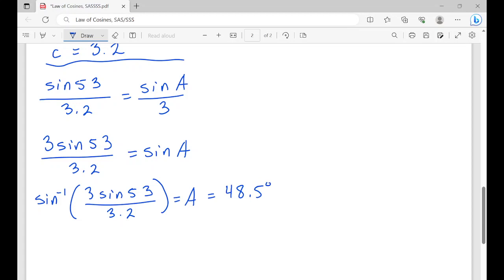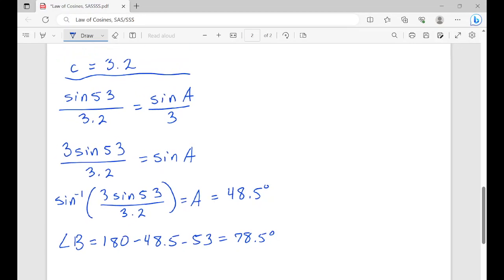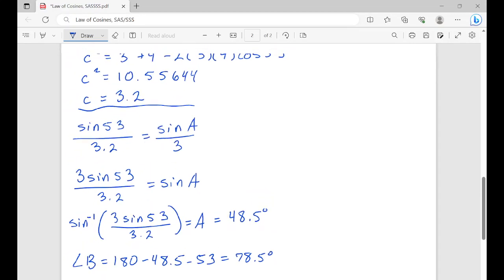And then I can finally solve for angle B, doing 180 minus 48.5 minus 53 from up top. And that's going to end up giving me 78.5 degrees for angle B. So what is everything that's missing for this problem?